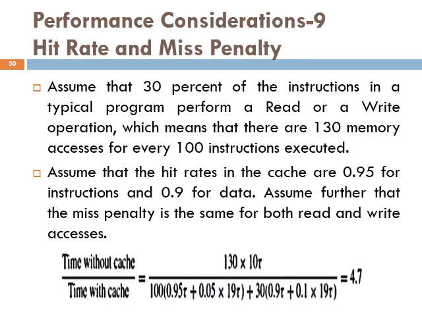Then a rough estimate of the improvement in memory performance that results from using the cache can be obtained as follows: time without cache divided by time with cache, which is equal to 130 × 10 tau divided by (100 × (0.95 tau + 0.05 × 19 tau) + 30 × (0.9 tau + 0.1 × 19 tau)), which is approximately equal to 4.7.